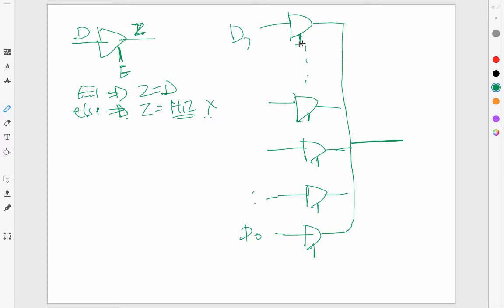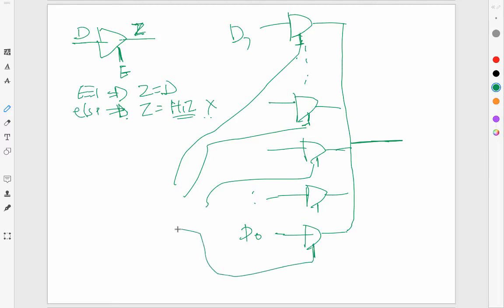And these enable lines, you can conceptually imagine they are coming out of some sort of logic which is taking our 3 bits of input, and I have 8 enable lines. What module would you use there? A decoder, right?